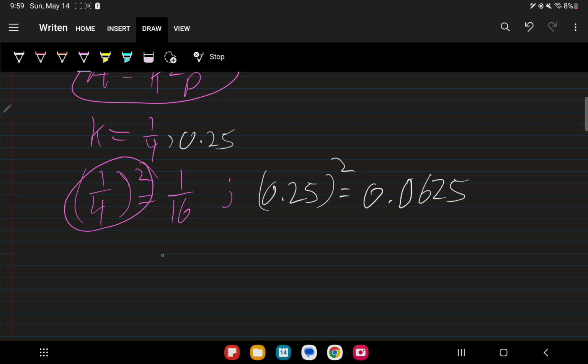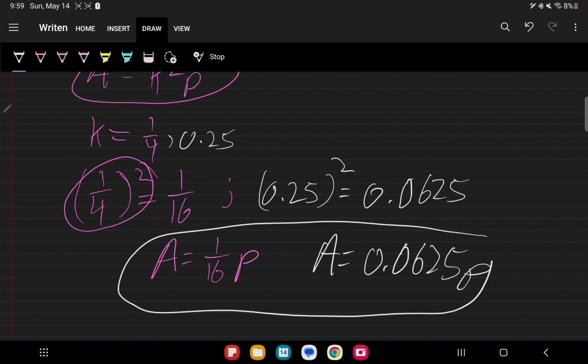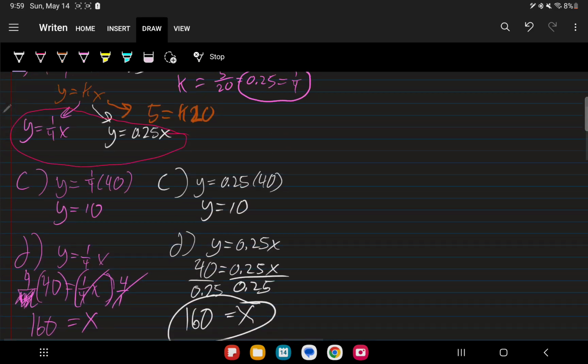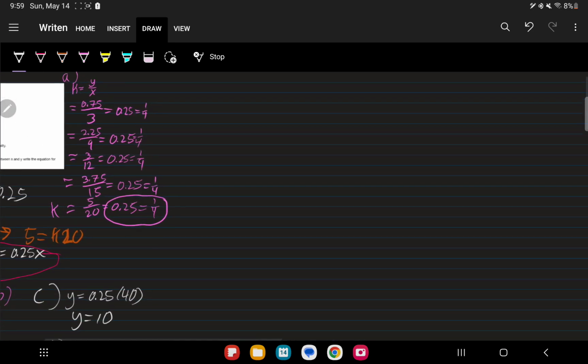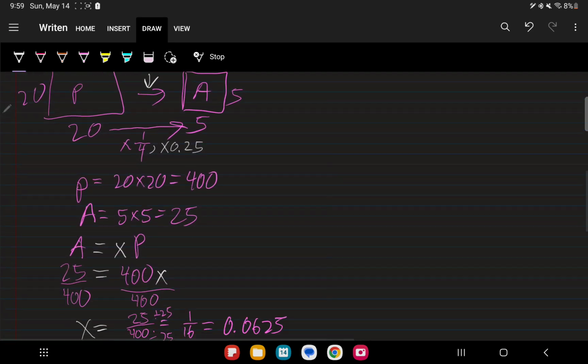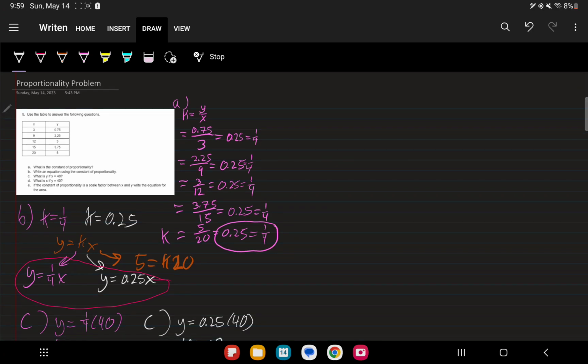So all you need to do then is remember this formula and how to square things, and this is an easy problem where A is equal to either 1/16 P or A is equal to 0.0625 P. Those are your two answers. And that's everything. So you have one proportionality problem with about 5 parts. Not too hard.